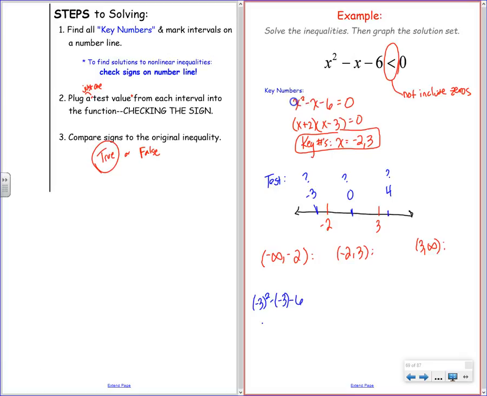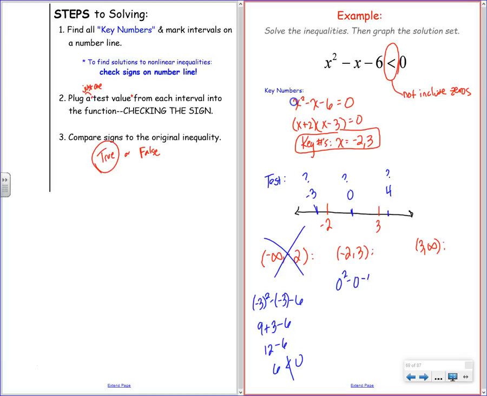So when you plug in, 9 plus 3 minus 6 is 12 minus 6. Less than 0, yes or no? No. So we're going to say 6 is not less than 0, so that's not part of the answer. It's false. Remember, that entire interval, all of those infinite numbers between -infinity and -2, none of them will work because this one did not. Now it's time to plug in 0.